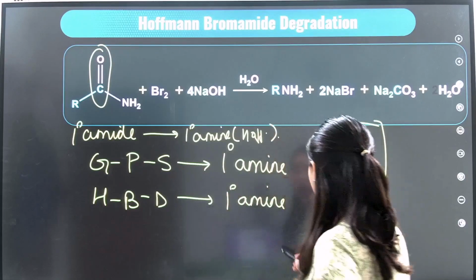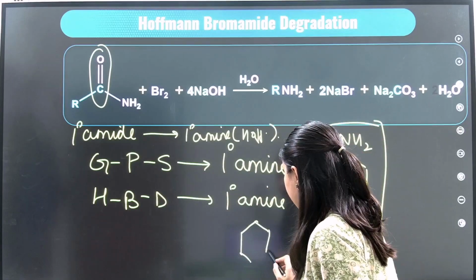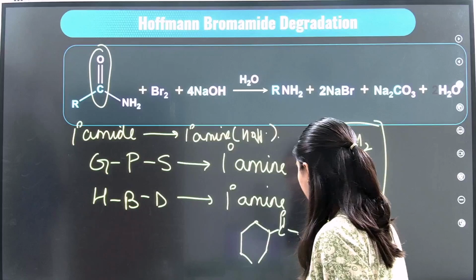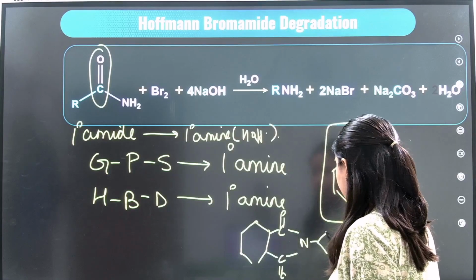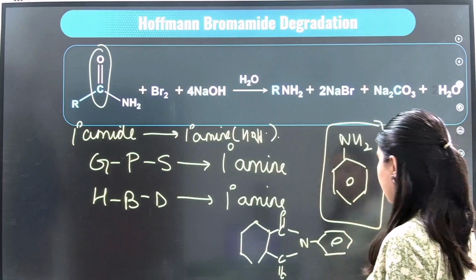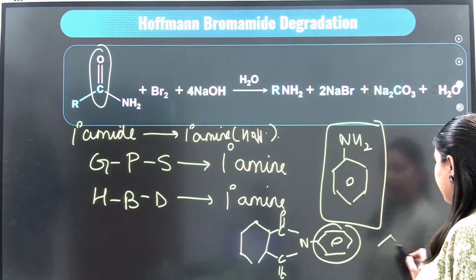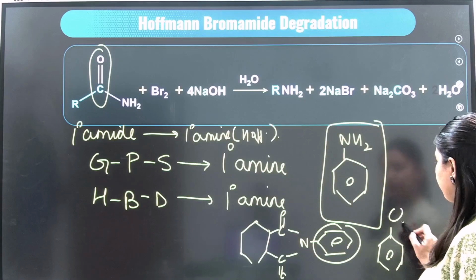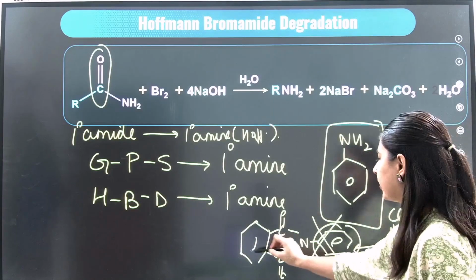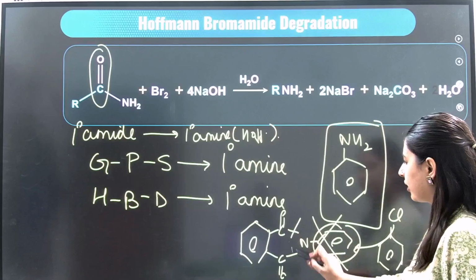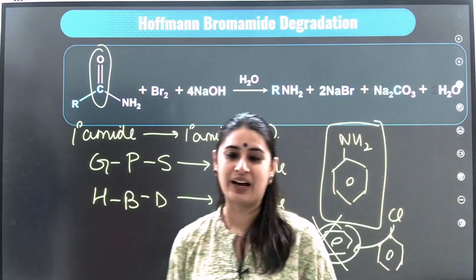But if you are dealing with Gabriel phthalimide synthesis, you can see that there is this nitrogen. If you are putting a particular aryl halide here, first of all, it would never want to come and get attached here. This itself is very difficult to be formed, can't be formed, so forget about cleaving and making aniline out of this.